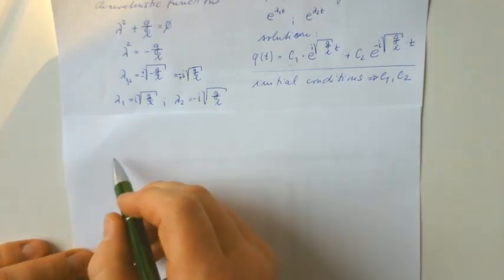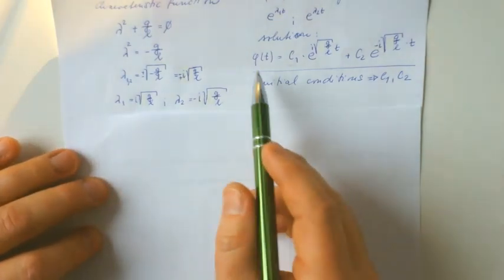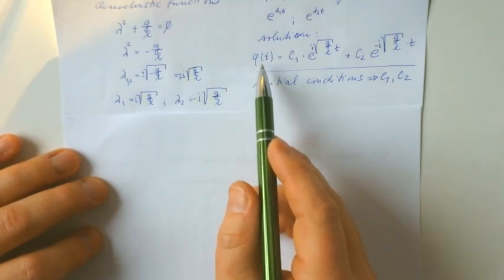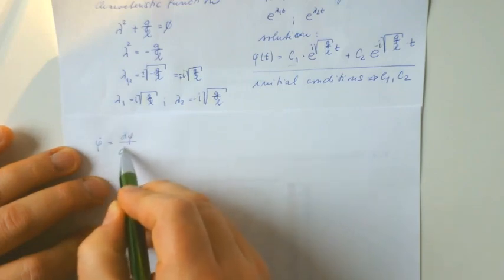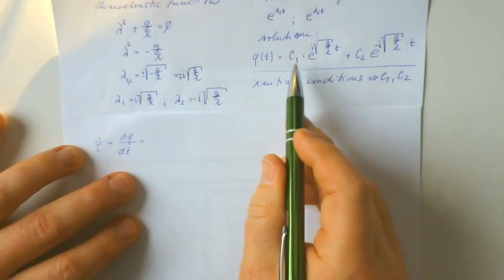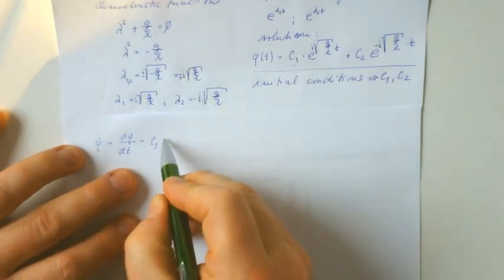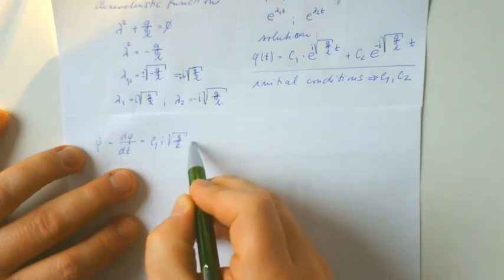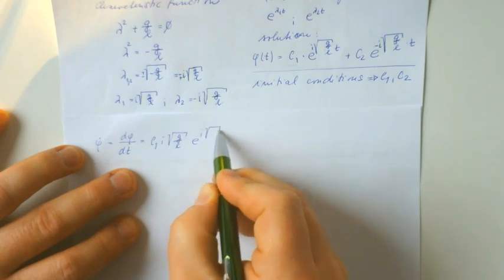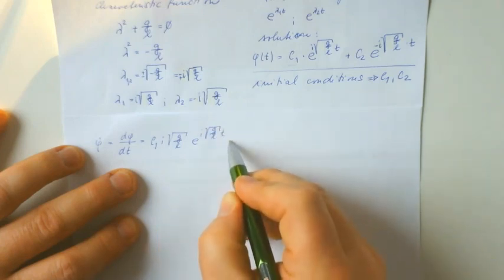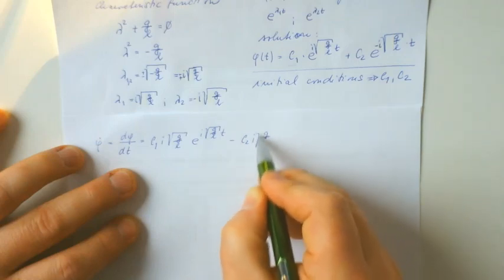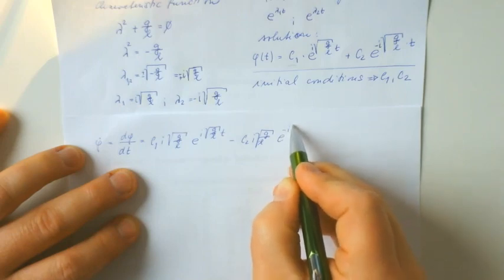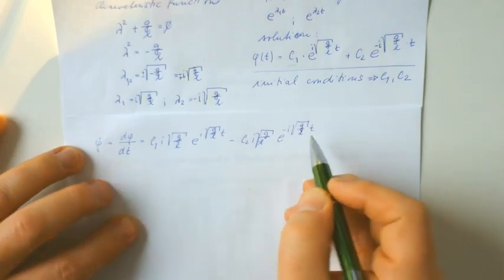You will see soon that for application of initial conditions we need the first derivative of this function. So phi dot, it's the first derivative of phi with respect to time. It is C1, a constant, times i square root of g over L e to the power of i square root of g over L times t, minus C2 times i square root of g over L times e to the power of minus i square root of g over L times t.